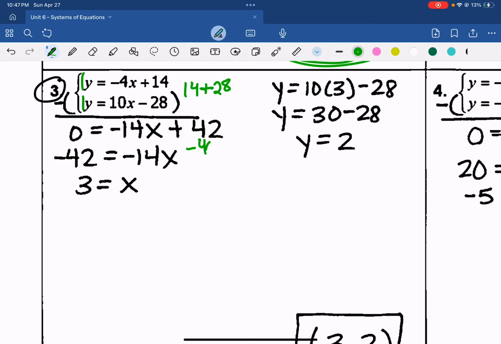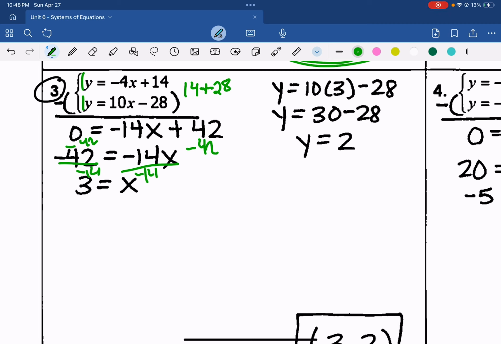Then I move my 42 over. That's the work not shown here. Divide by -14. That's also not shown. Gets me 3. Okay. So like I always preach to you guys, solving equations is one of the most important, if not the most important skill you're going to have in the next couple of years of math. So we've got to keep practicing that, because we build our skills on top of each other.